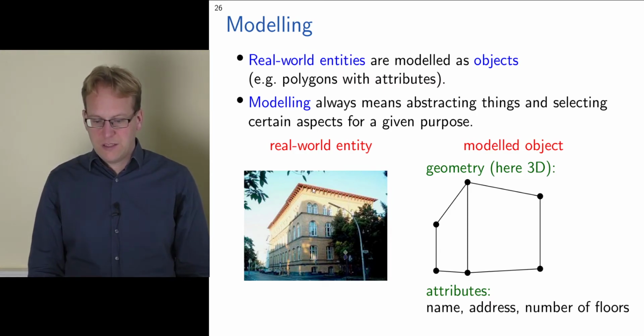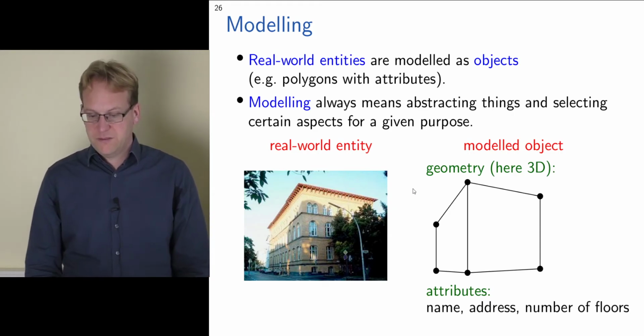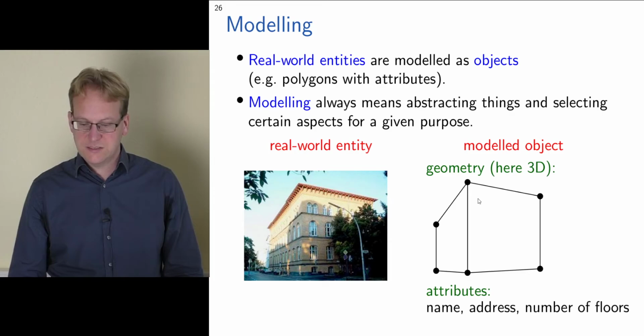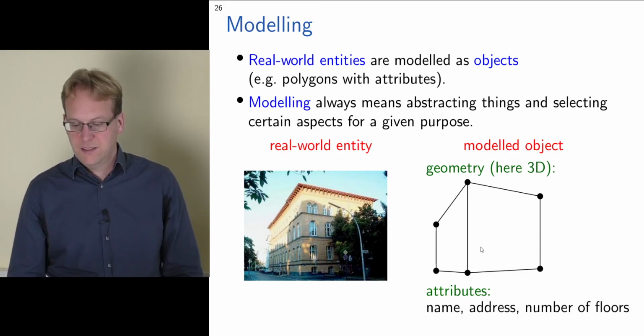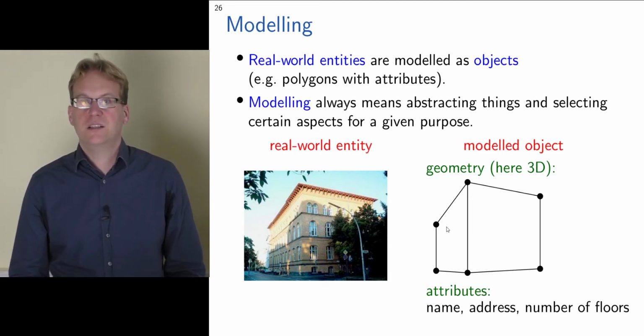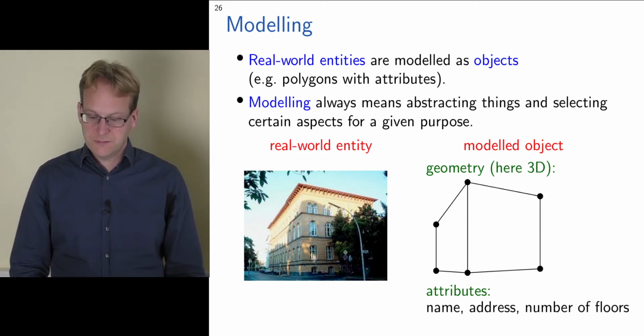Maybe we need our institute building here in 3 dimensions, but with very low detail. So it's just this 3-dimensional box. And we see the real world entity here, and correspondingly we would have a very coarse 3-dimensional vector representation of that building.